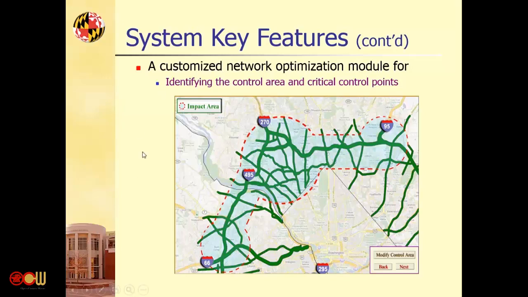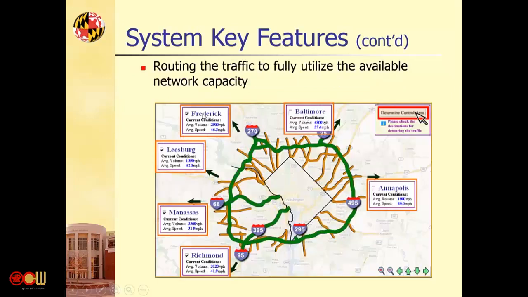You may not need to do control of the entire beltway, but your model has to define, based on the impact area and the evolution of the traffic condition, how big an area should be within your control and make the necessary control parameter adjustments. And those are the evacuation destinations. One to Baltimore, one to Frederick, all those predefined evacuation destinations.